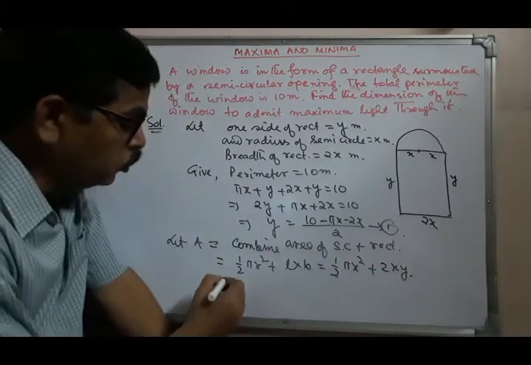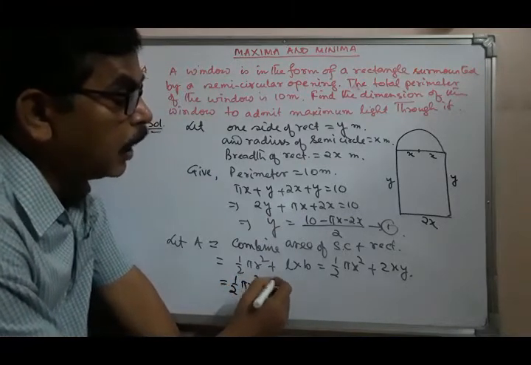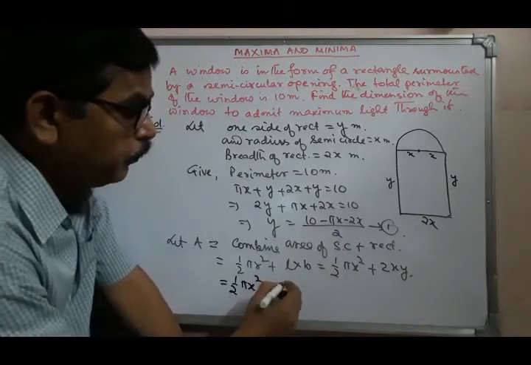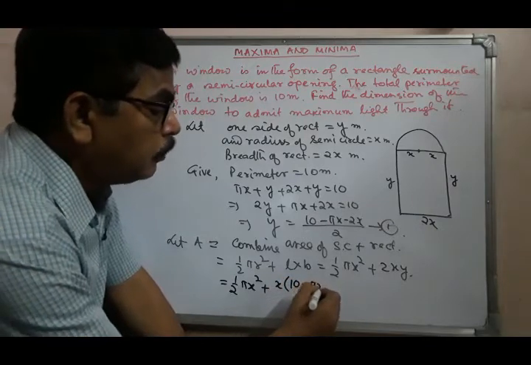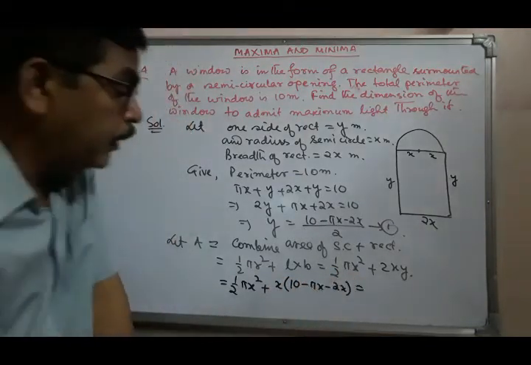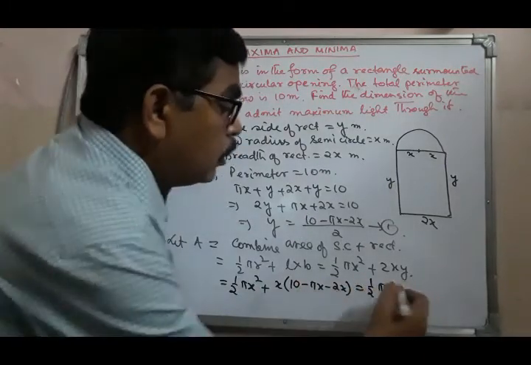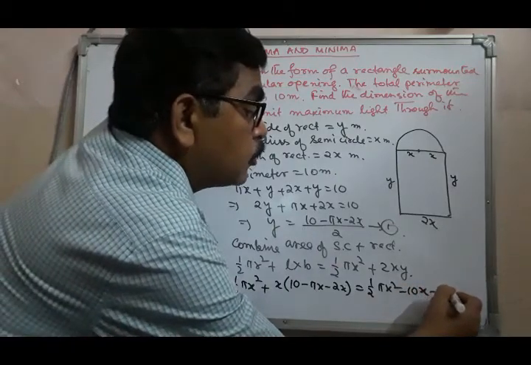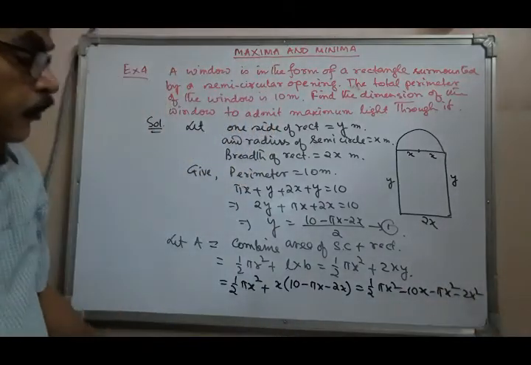So that is equal to half pi x square plus x into (10 minus pi x minus 2x). Open the bracket: half pi x square plus 10x minus pi x square minus 2x square.